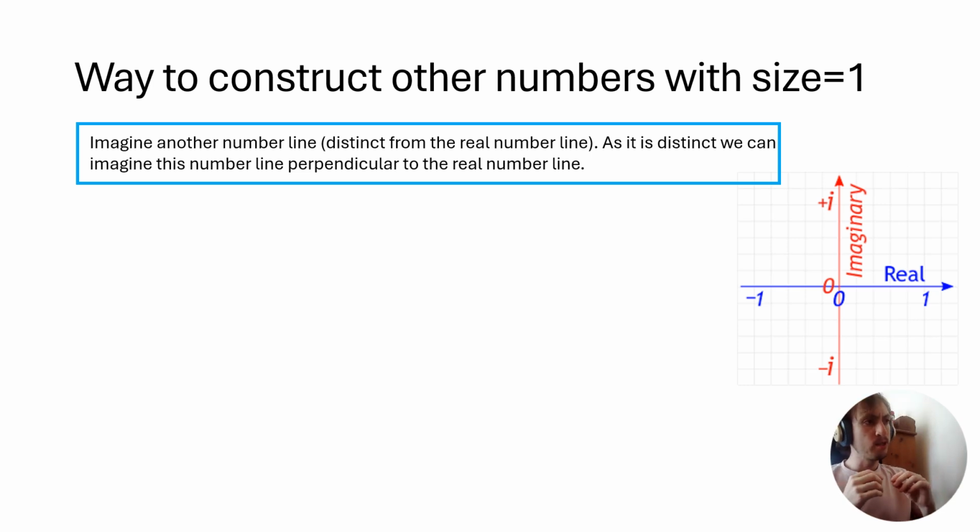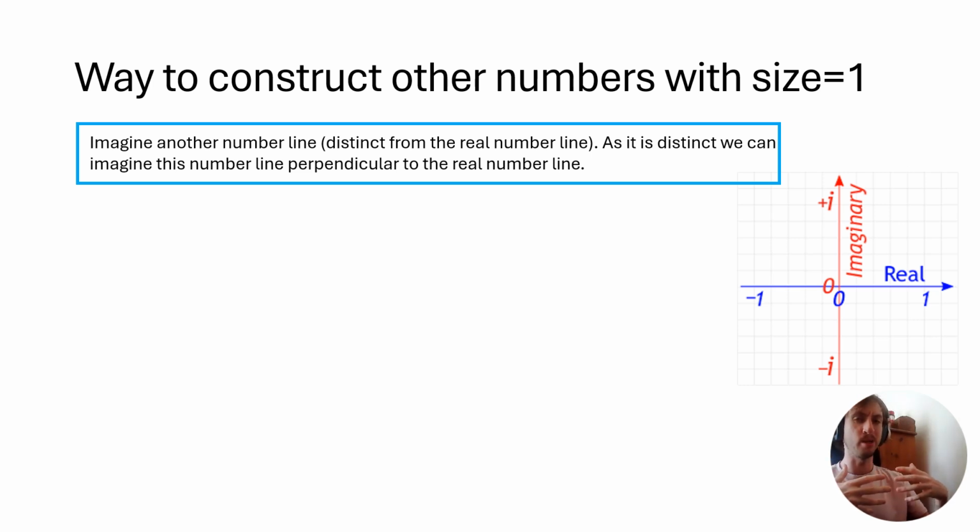And because the imaginary number line is distinct from the real number line, we want to be able to plot a number and make sure that if we somehow connect these number lines together, the number is free to lie solely on the imaginary number line and have no component, if you like, on the real number line.